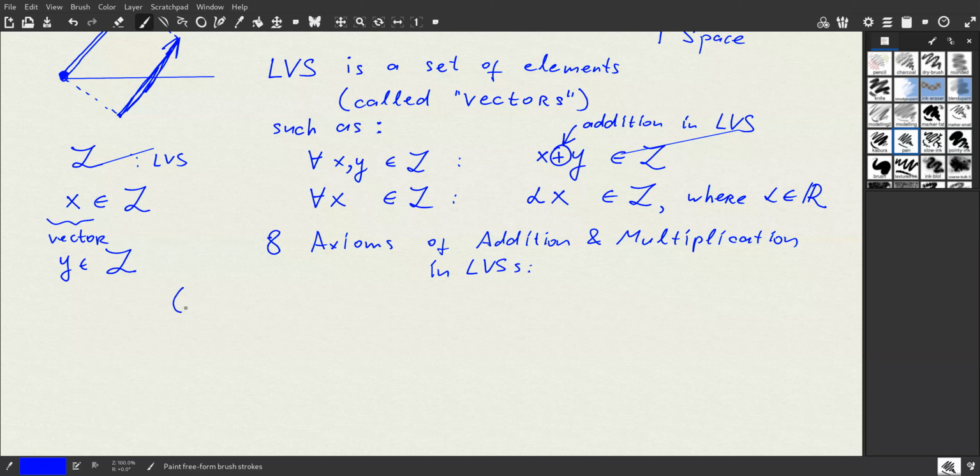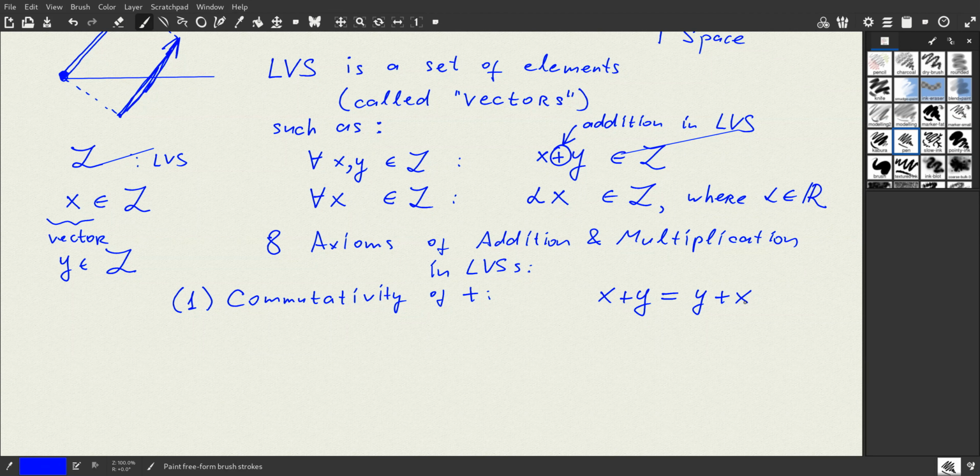Okay, so the first axiom is the axiom of commutativity. Commutativity of plus, which simply means that x plus y is the same as y plus x. Okay?